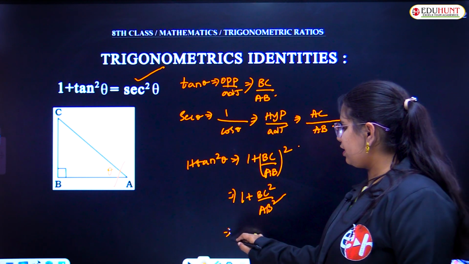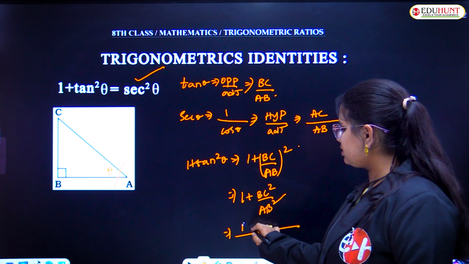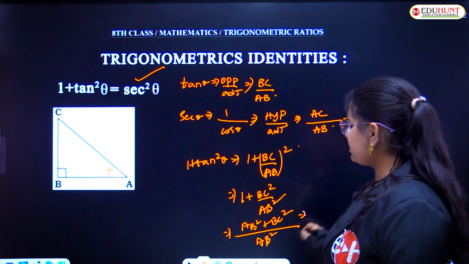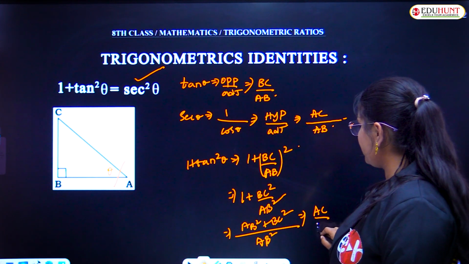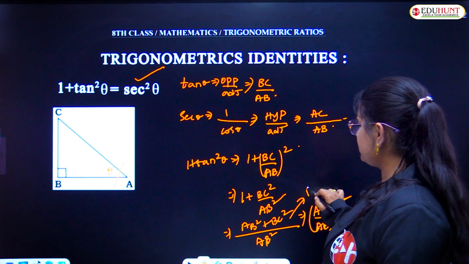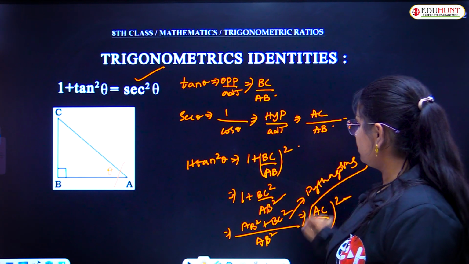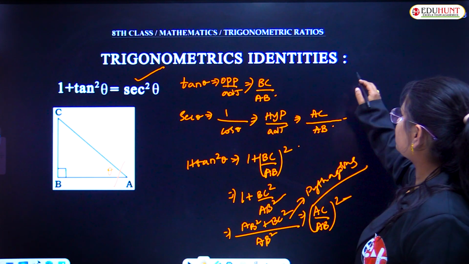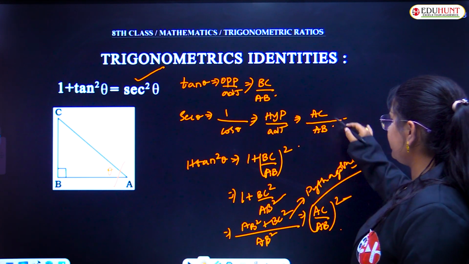What is AB square plus BC square? It is equal to AC square, as per Pythagoras theorem. So we get AC by AB whole square. Now check it with secant theta whole square. So I guess it is proved, right?